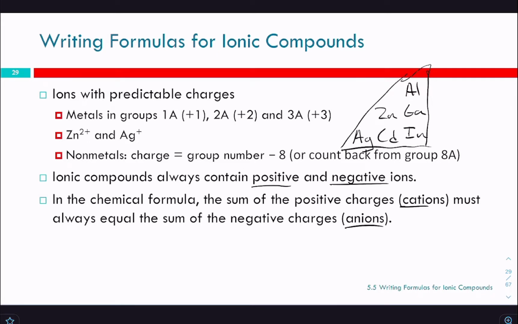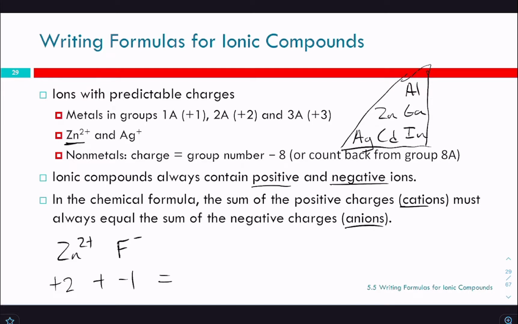So if you had a compound formed of, let's use zinc, which has a predictable 2+ charge, and we haven't gotten to the anions with predictable charges, but let's use fluorine, which has a predictable 1- charge. So zinc is +2, and our +2 plus a -1 doesn't equal 0.